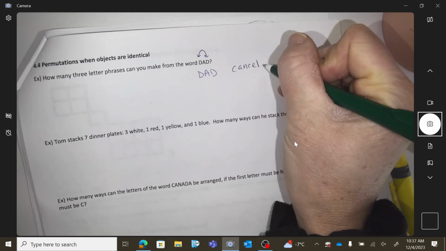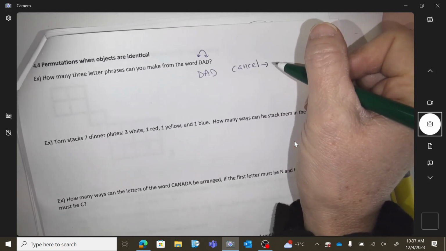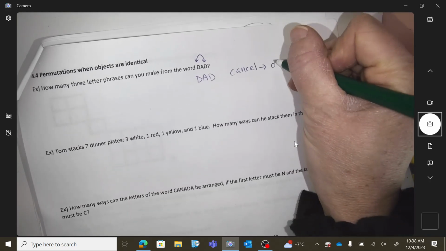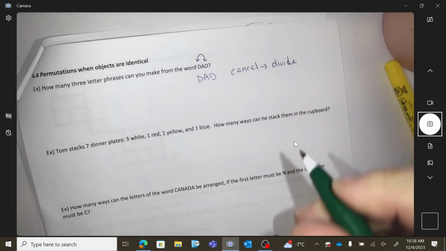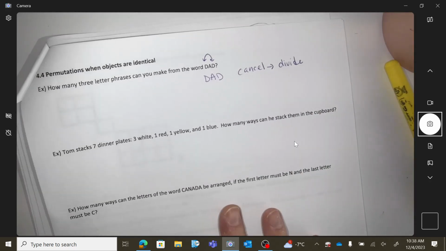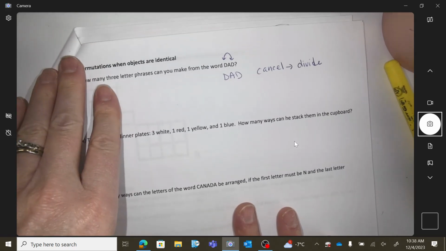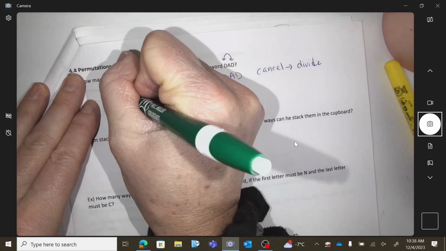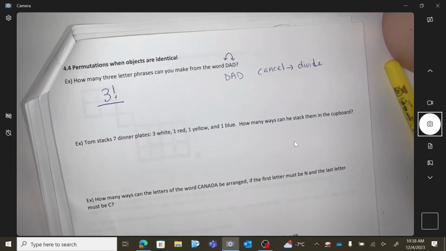What math operation makes you cancel something? Add, subtract, multiply, or divide would be a cancellation. Divide. Okay, so here's what we're going to do. How many letters do you have to move around altogether? 3 letters can move around. But how many letters are repeated?